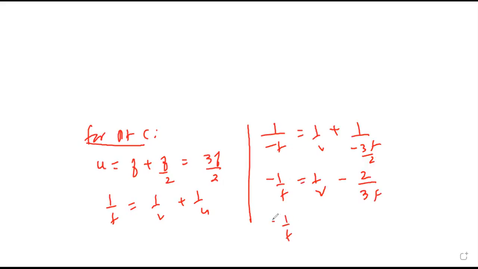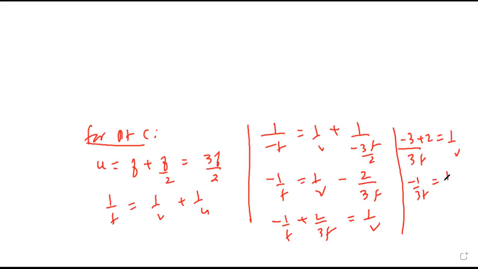Therefore minus 1 upon f plus 2 upon 3f equal to 1 upon v. So this is minus 3 plus 2 upon 3f equal to 1 upon v. Therefore minus 1 upon 3f equal to 1 by v. Therefore v equals to minus of 3f.